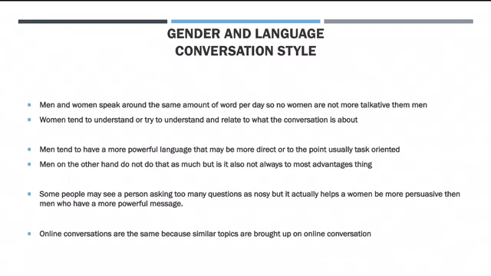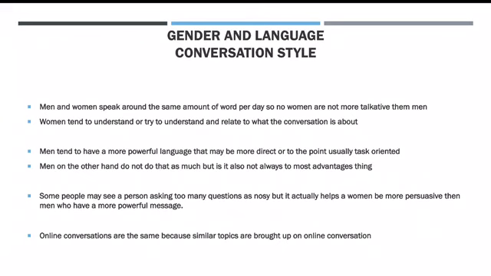So even though people may think that women are nosy by trying to make conversations a little bit more personal or trying to get to know you by asking questions, in reality, those type of things are good when you're trying to debate or have a persuasive argument with somebody.